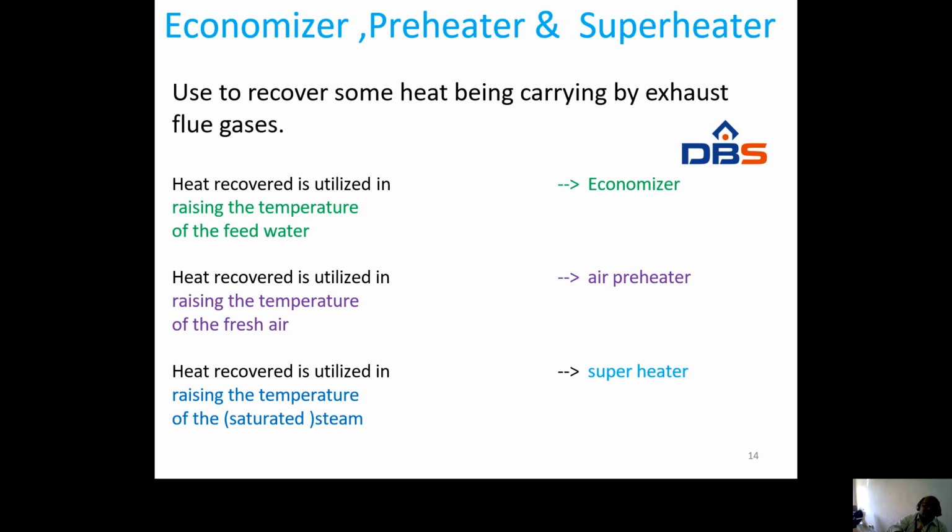If you increase the temperature of the saturated steam, it becomes superheated. For superheating also we can use exhaust gases. That particular component is called a superheater. Using these three, economizer, air preheater, and superheater, we can increase the performance as well as the efficiency of the boiler.